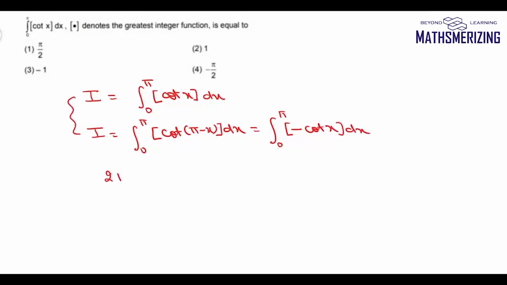So if I add them, I'll get 2I, and this is equal to integral from 0 to pi of the greatest integer function of cot x plus the greatest integer function of minus cot x dx.